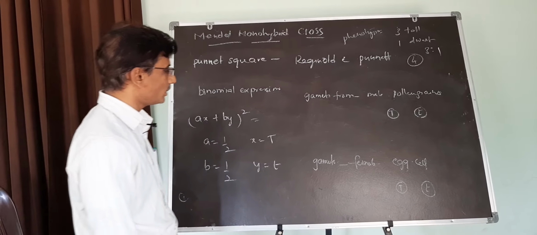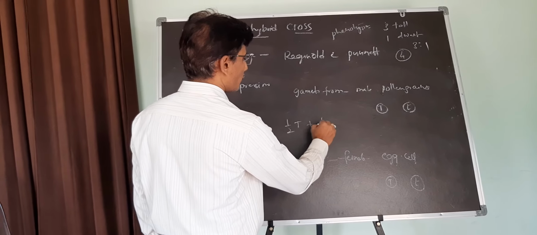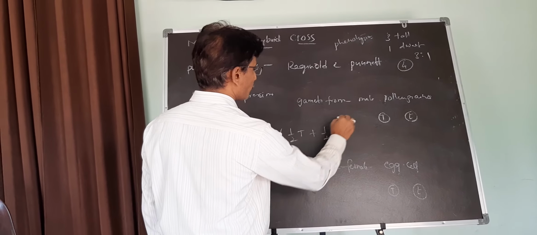Then we will get the results like that. Then what will happen? (1/2 T plus 1/2 t) whole square. Then 1/2 capital T into 1/2 capital T, plus 2 into 1/2 capital T into 1/2 small t, plus 1/2 small t into 1/2 small t, like (a plus b) whole square.